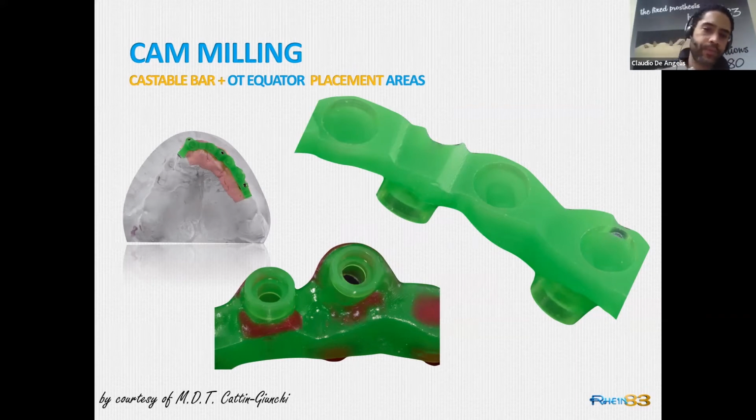In this way, they produce a Castable bar with a milling machine, which will have a high accuracy over the connection sides, but without the attachment, because they just place some, let's call them, half seating placement areas for the OT Equator, but the Castable OT Equator.